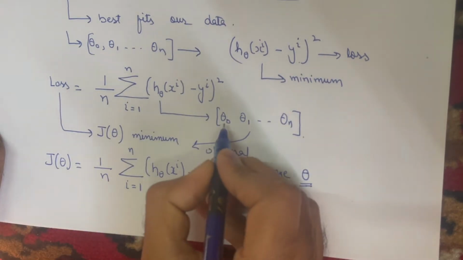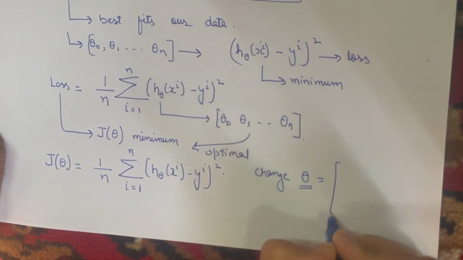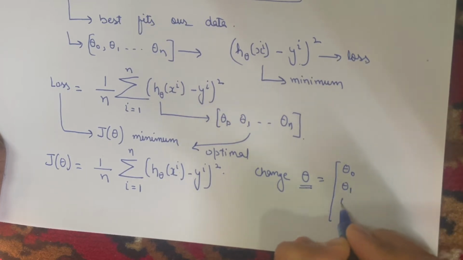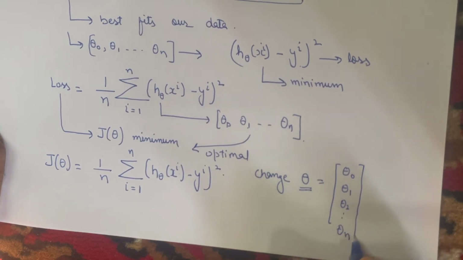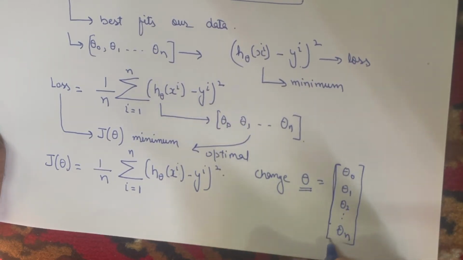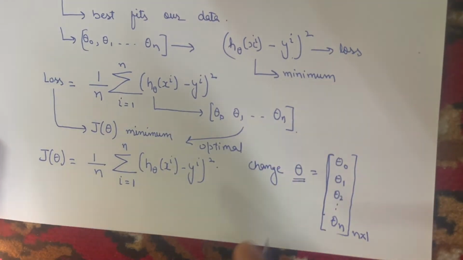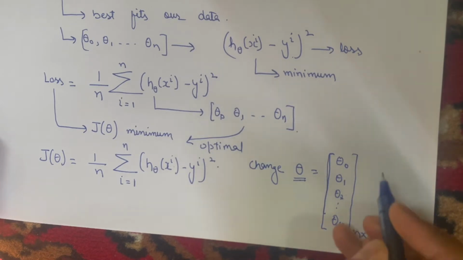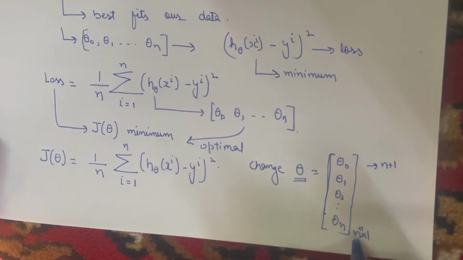So this theta is theta 0, theta 1, or you can write it like this: theta is equal to theta 0, theta 1, theta 2, theta n. So this is n cross 1 column vector. Okay, theta. So how many parameters are in this theta? There are total n plus 1. So sorry, this is n plus 1 into 1.